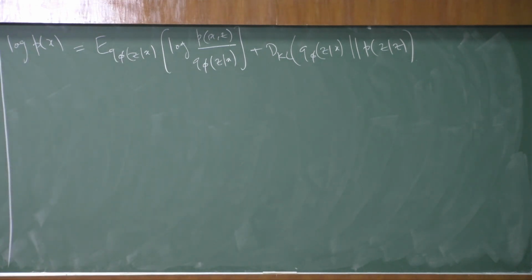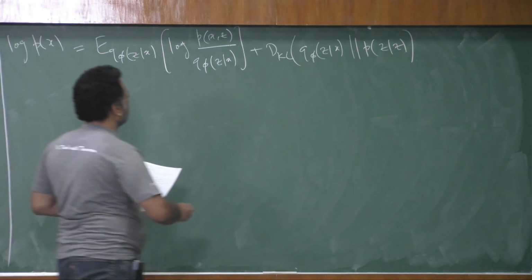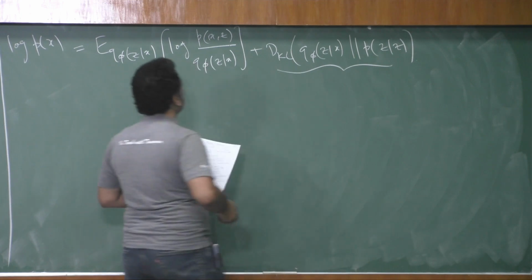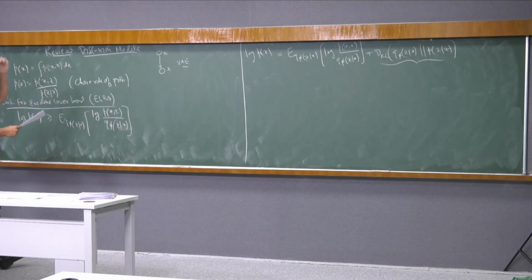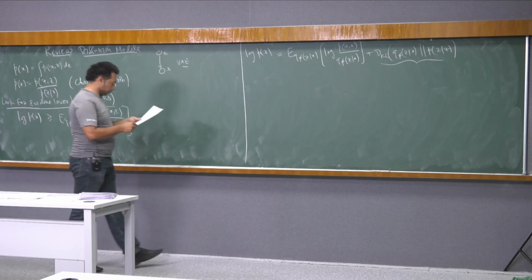We also have this equivalence, and from there we could see that in fact minimizing the KL divergence is a good thing.